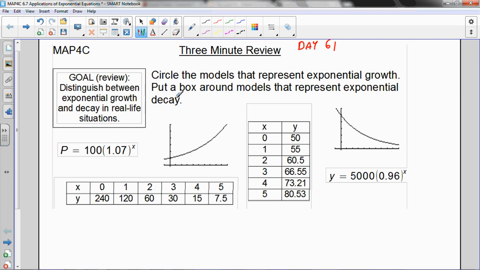The 3-minute review is kind of a reminder of last chapter: distinguish between exponential growth and decay in real life situations. So they just want us to put a circle around exponential growth and a box around exponential decay. Well, exponential growth is stuff that's going up, and the graph's easy to see. That one's exponential growth. That one's exponential decay.